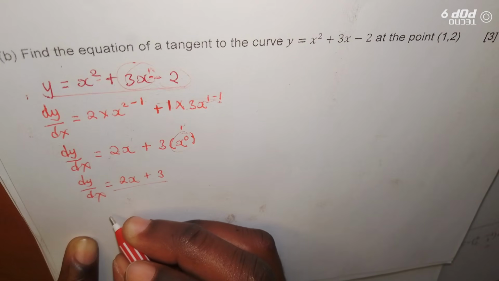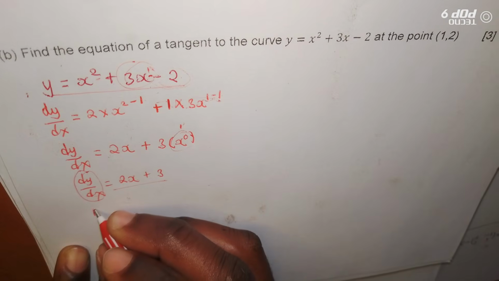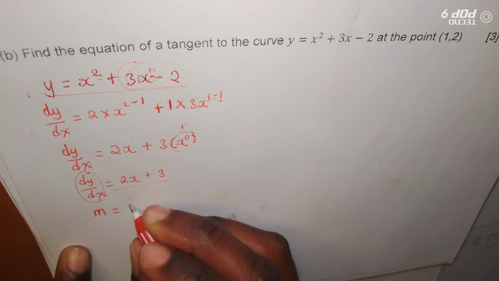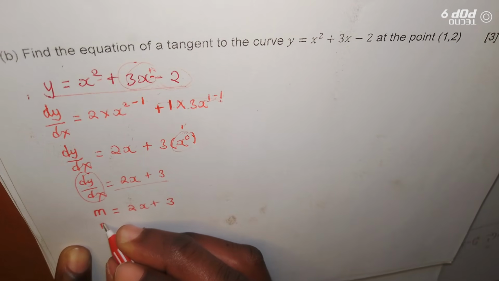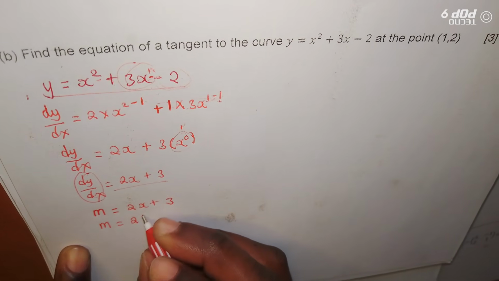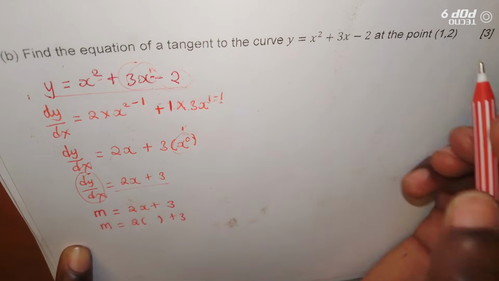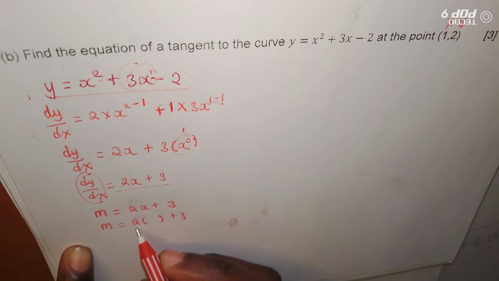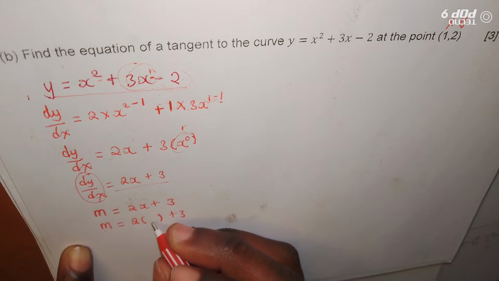So step number 2 is where we find the gradient. For you to find the gradient, what should we do? We substitute dy/dx with m, since the symbol for gradient is m, so m is equal to 2x plus 3. What is the value of x here? Since we are saying that at the point (1, 2), 1 is the x value and 2 is the y value, to determine the gradient m we substitute x with 1.